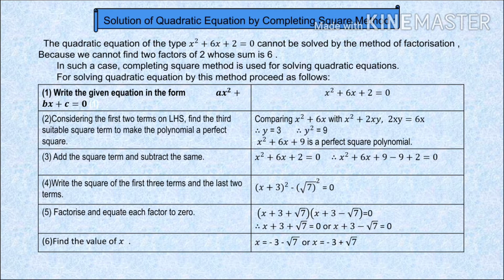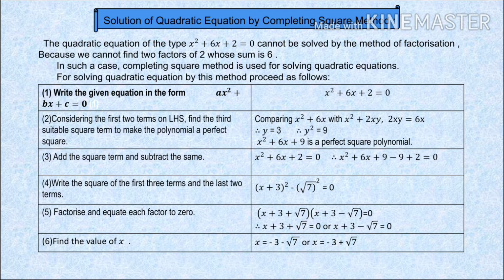Here we have to compare the first two terms, that is ax square plus bx, to x square plus 2xy. That means we have to compare bx to 2xy. So comparing x square plus 6x with x square plus 2xy, x square cancels here. 2xy is equal to 6x.